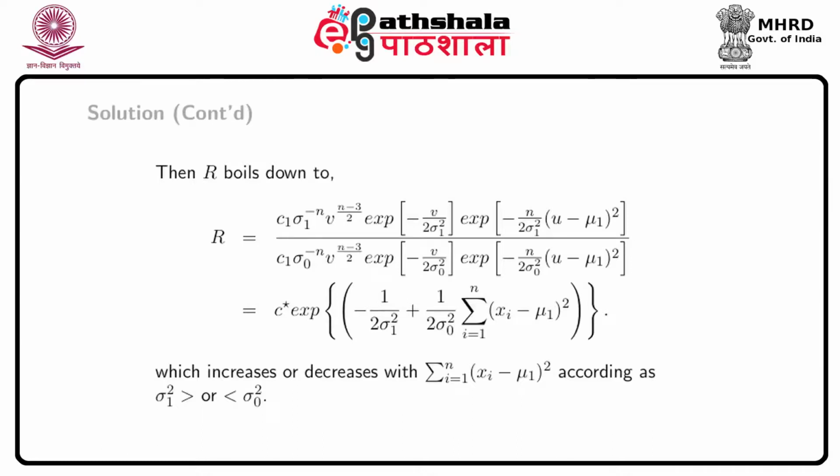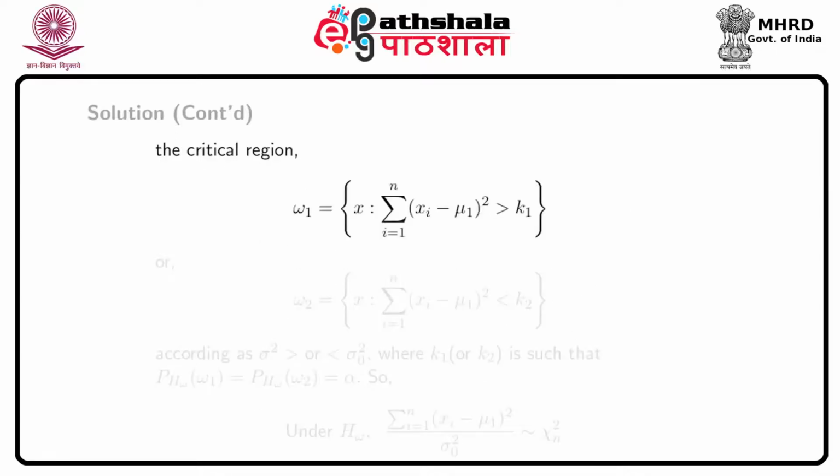minus (1 by 2 sigma 1 square plus 1 by 2 sigma naught square) whole thing multiplied by summation (xi minus mu) whole square, which decreases or increases with summation (xi minus mu 1) whole square according as sigma 1 square is less than sigma naught square or greater than sigma naught square.